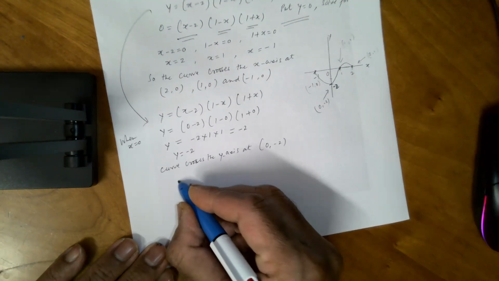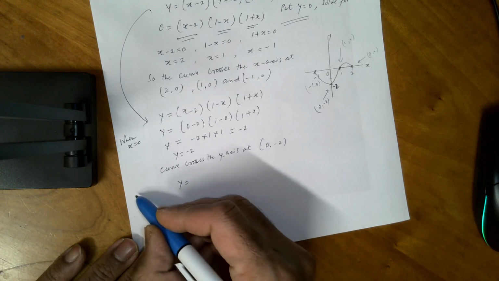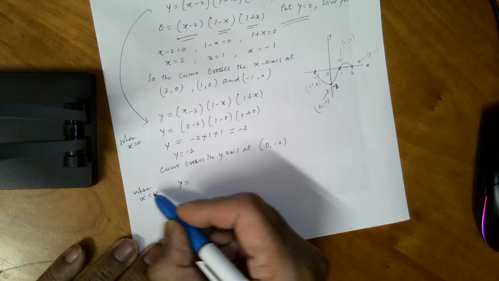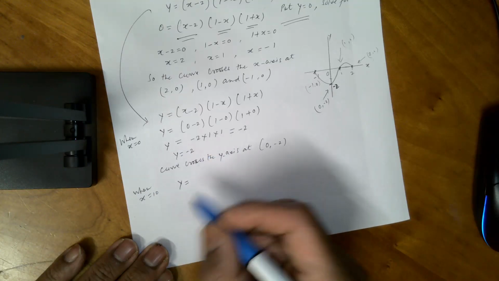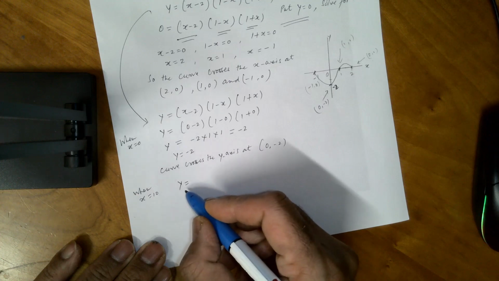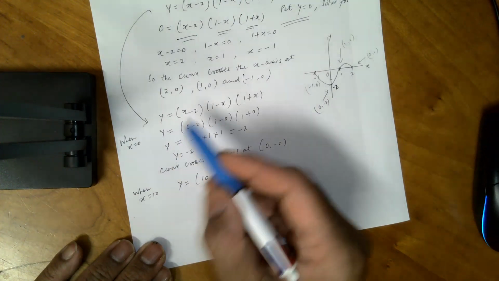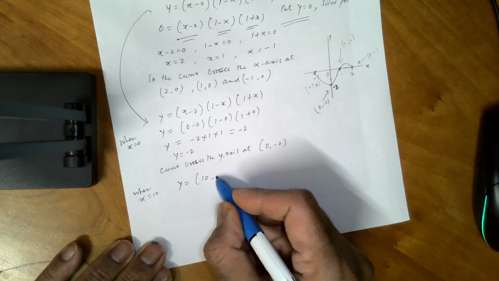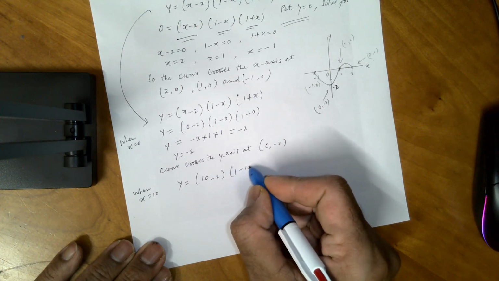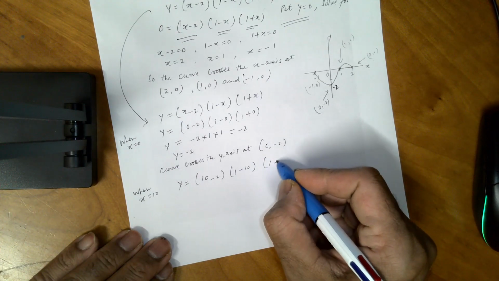So with x at large positive and large negative values, let's go with the same thing we do here, but let's presume that x is equal to, let's say, 10. Let's see what value it would be. That's the equation here, so the 10 -2, and then 1 minus 10, and then 1 plus 10.